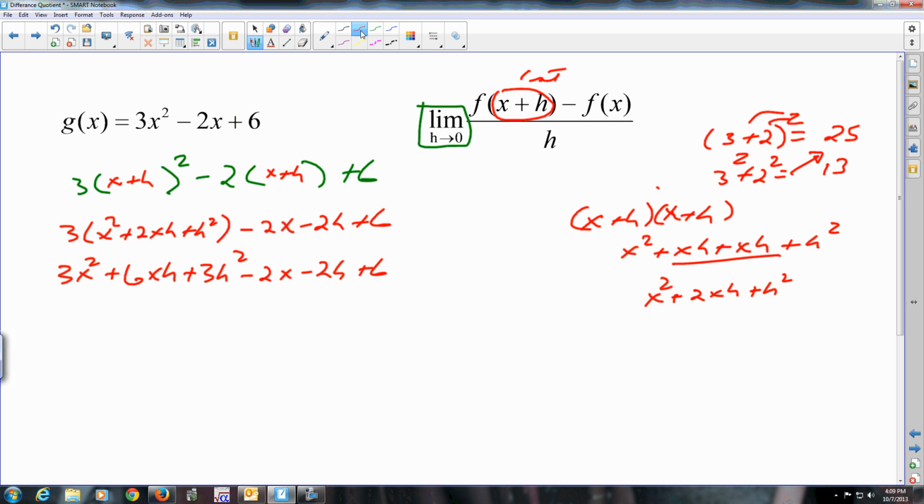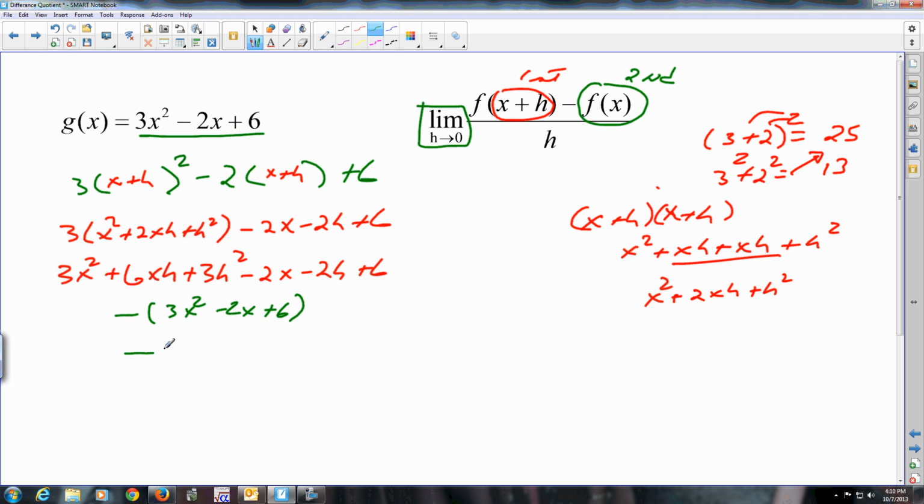Now you have to go through and subtract the original function from it. That's the second step. This is the original function, and you're going to subtract it from this. So you're going to subtract 3x squared minus 2x plus 6.